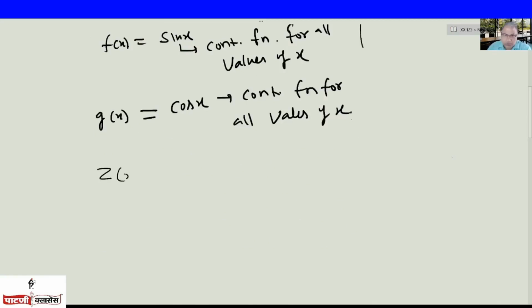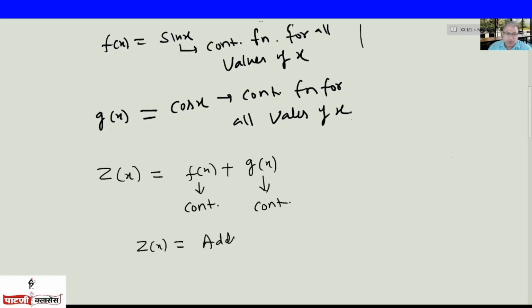Thus, z of x is a combination of f of x and g of x. F of x is a continuous function and g of x is also a continuous function. That means z of x is the addition of two continuous functions.